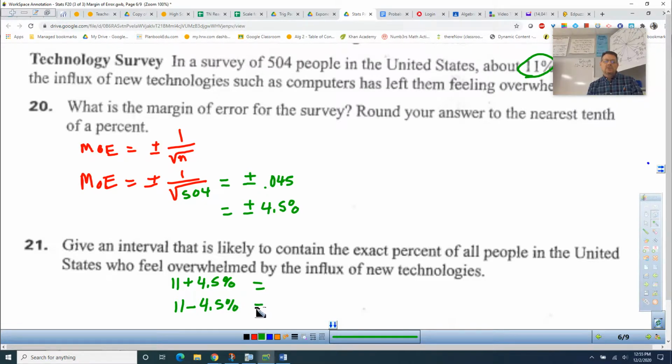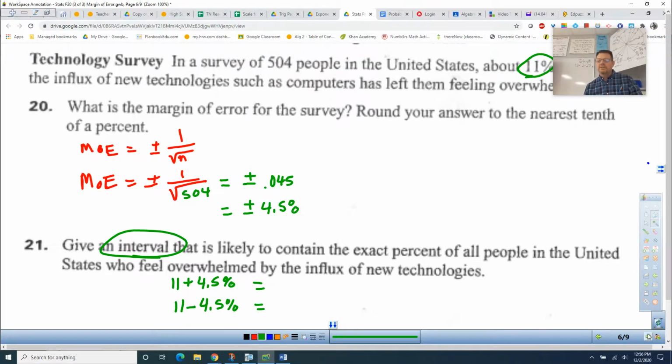And those two things right there will give you an interval, so from here to there, that you're going to be able to work within. So we're predicting that it's going to be 11%, but with a 4.5% error, it could really be 15.5% or something less than that. So that's how that would work.